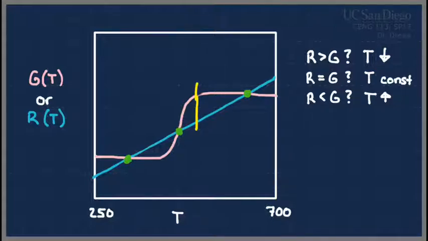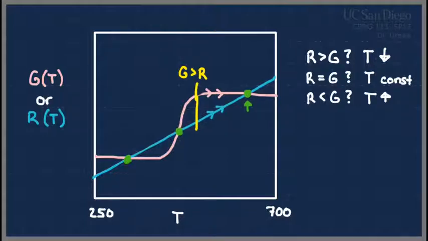At that temperature, we have that the red one is greater than the blue one, so that we have G is greater than R. If G is greater than R, that means we're generating heat faster than it can be removed, and the temperature is going to tend to go up. If the temperature tends to go up, that means we're going to walk our way up both of these lines. And it's just going to keep going up and up and up until we hit exactly this point.